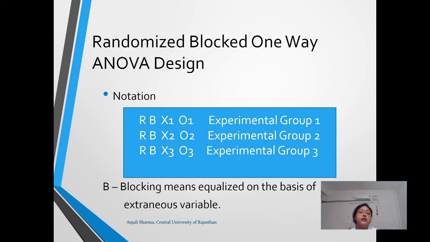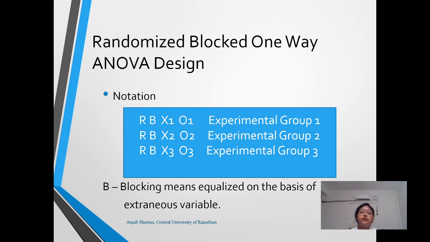But here we are not going to take only the highly intelligent, so on the basis of achievement we can take an extraneous variable. What we can do is take high achievers, average achievers and low achievers, or you can also take socio-economic status. If you find that it is an extraneous variable, you can take higher, average and low.